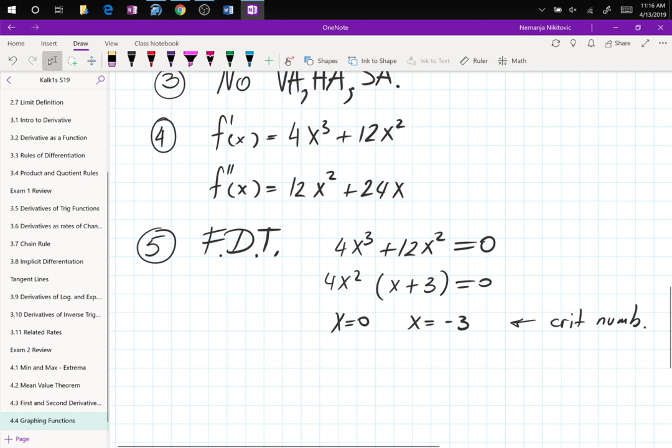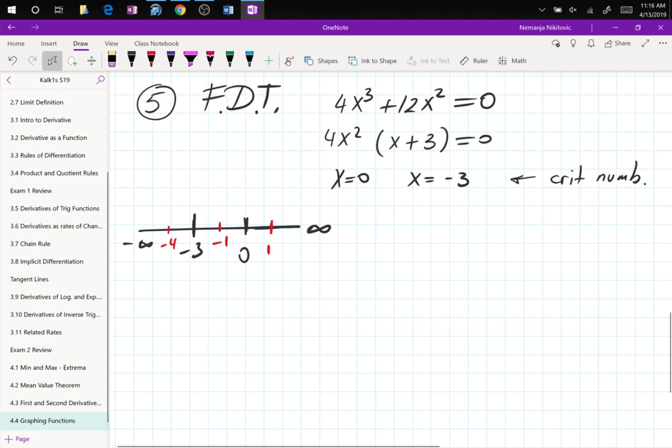So now we do our partition, negative infinity, negative 3, 0, positive infinity, and we pick test points, negative 4, negative 1, and 1. We do the first derivative test, f prime at -4. 4 times -4 cubed plus 12 times -4 squared. -4 cubed is a lot, and it's negative.